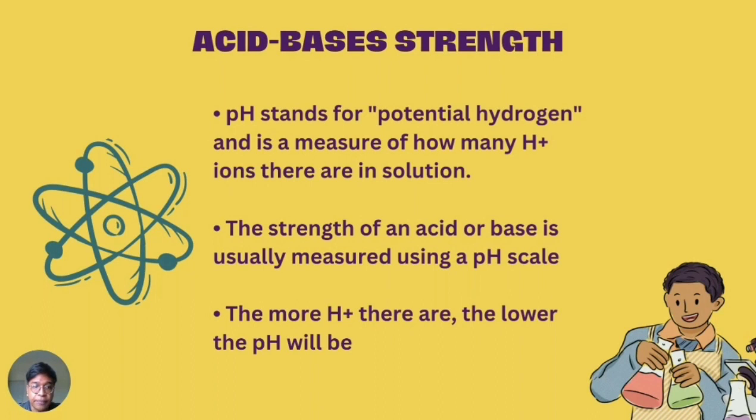Acid-base strength. pH stands for potential of hydrogen and is a measure of how many H+ ions there are in solution. The strength of an acid or base is usually measured using a pH scale. The more hydrogen there are, the lower the pH will be.